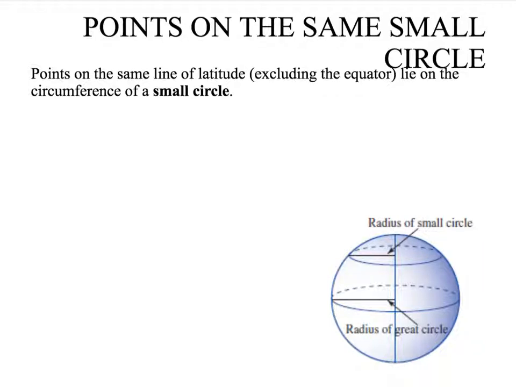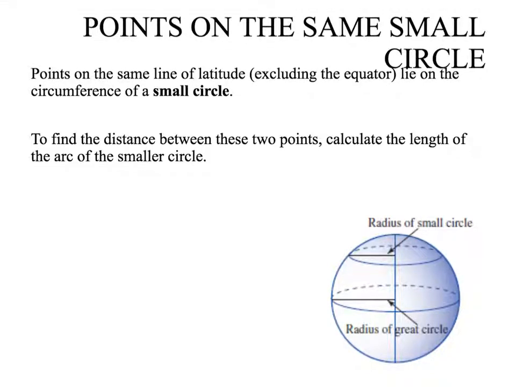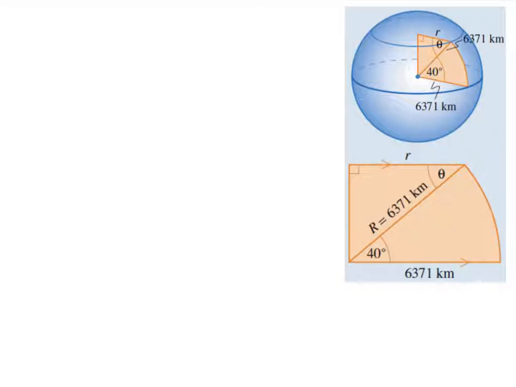So basically, points on the same line of latitude, that's our small circles, lie on the circumference of the small circle. We're going to find the distance between the 2 points by calculating the length of the arc of the smaller circle. And as I said, to do that, we need to find the radius first. So that's what we're going to do.